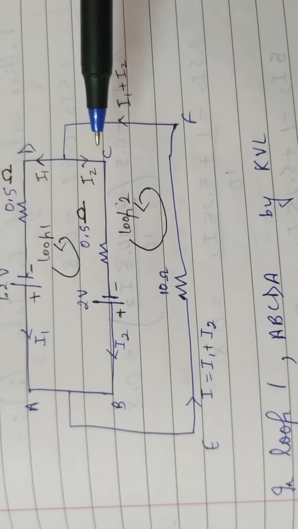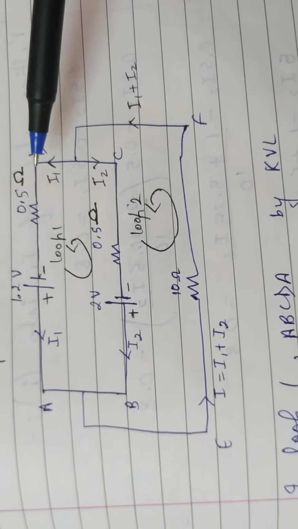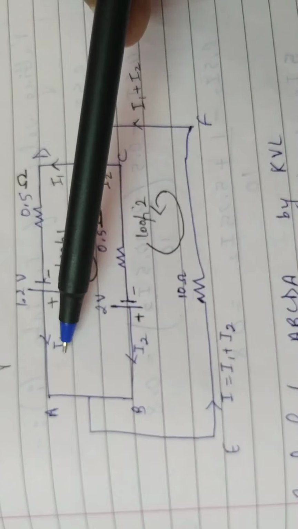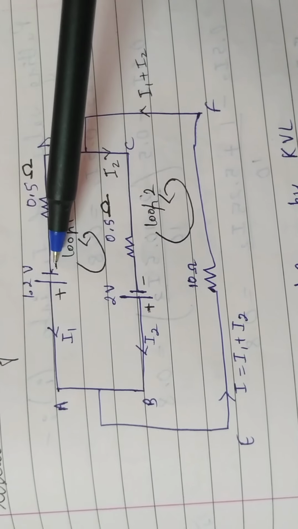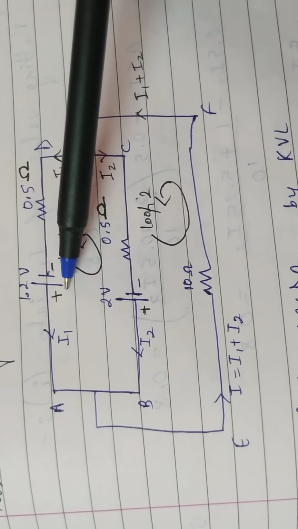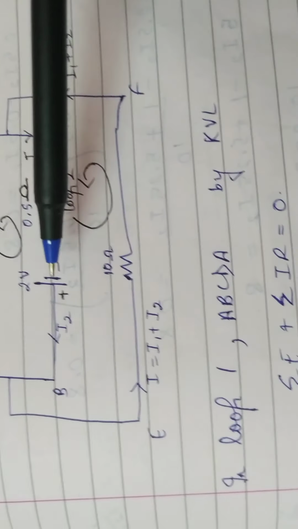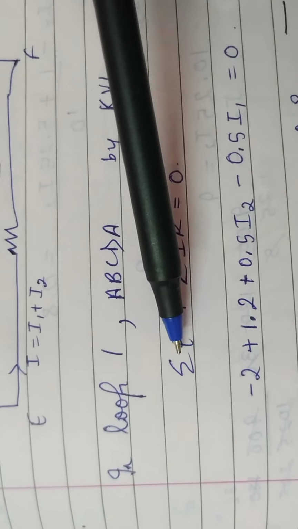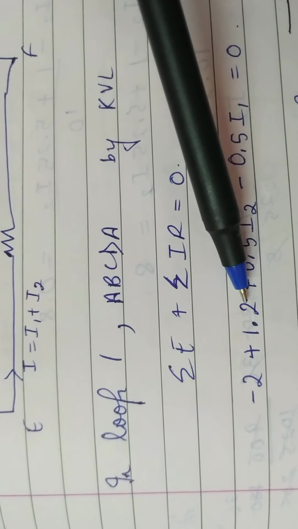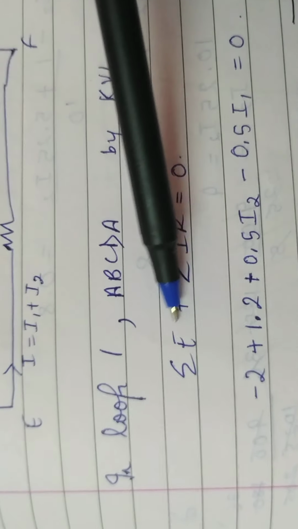From C to D there is no voltage source, but from D to A the source is 1.2 volt and we are traveling from negative to positive terminal, hence the EMF is taken with plus sign. So minus 2 plus 1.2 volt is the value of sigma E.